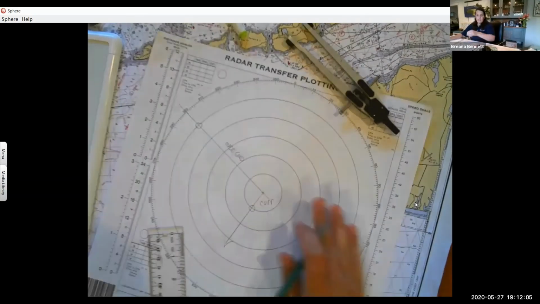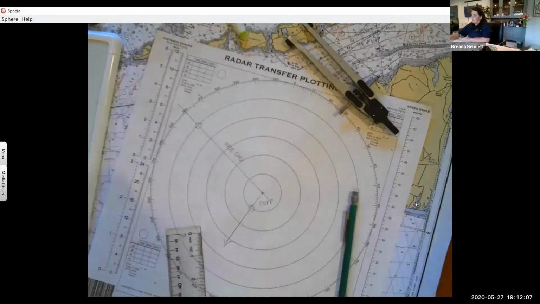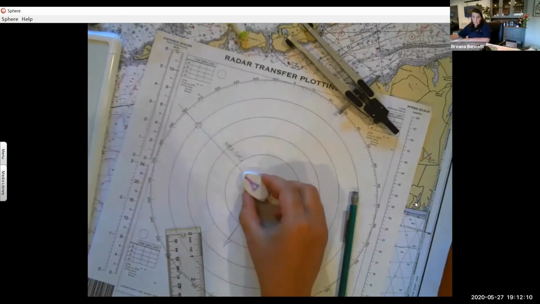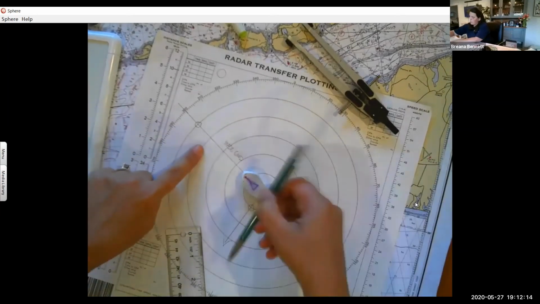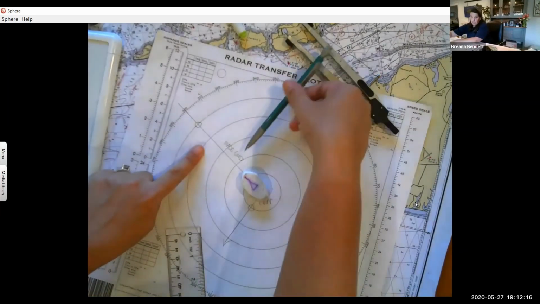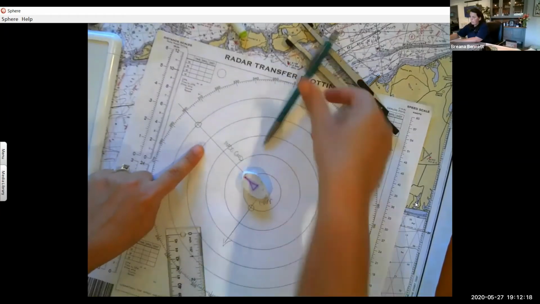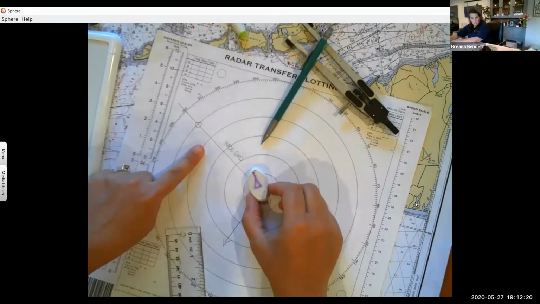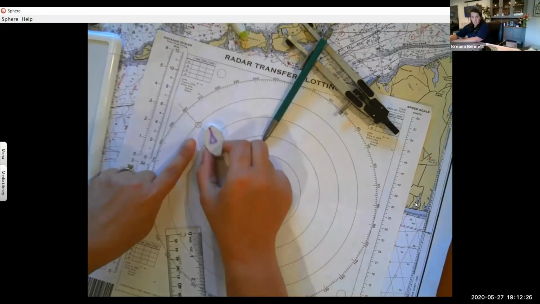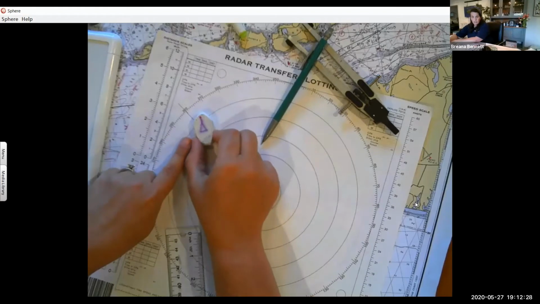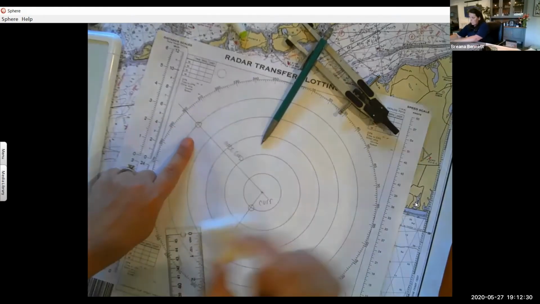When I'm looking at this, here's my boat. I want to make good this line, but the current is pushing me this way. So logic would tell me that I need to steer into the current in order to make good that. I just do that mental check.